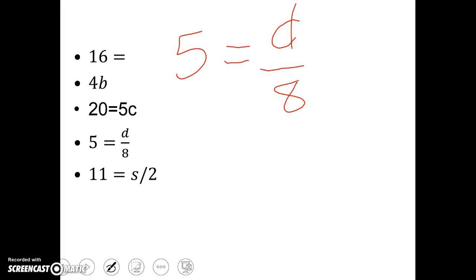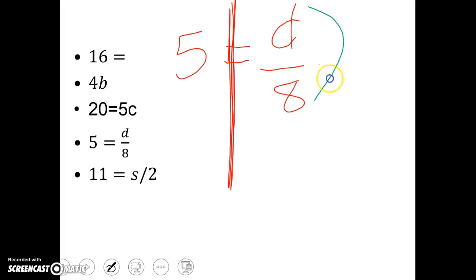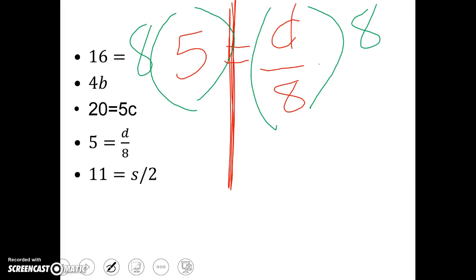Okay. Remember that right here, that is saying that we're dividing by 8, right? Okay, so let's split them down the middle. And the opposite of dividing by 8 is to multiply by 8. Parentheses means multiply. 8 multiply by 8.